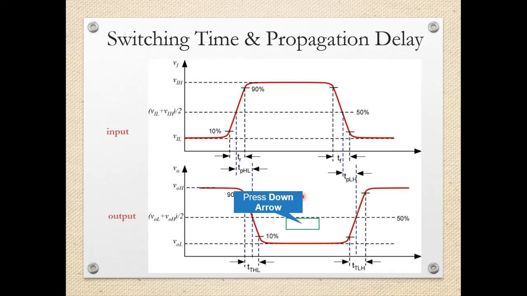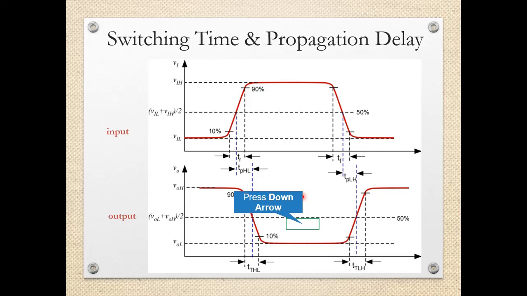And one more thing that we can see is TPHL, that is the propagation delay, from input to output. How much time is required is nothing but the propagation delay. This propagation delay is calculated from this point.